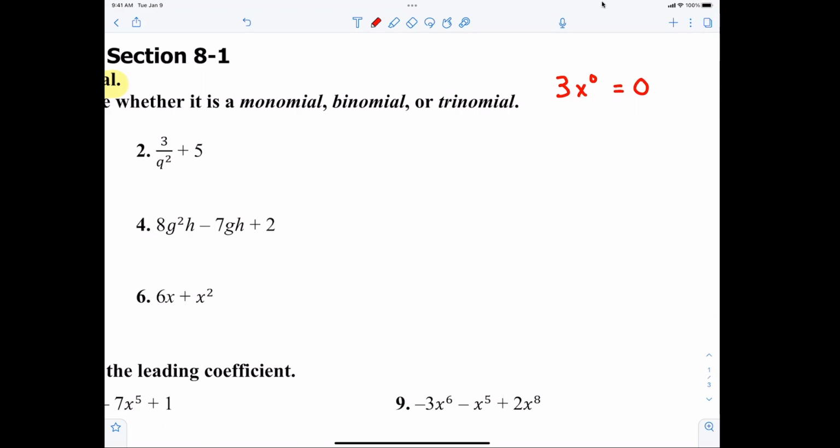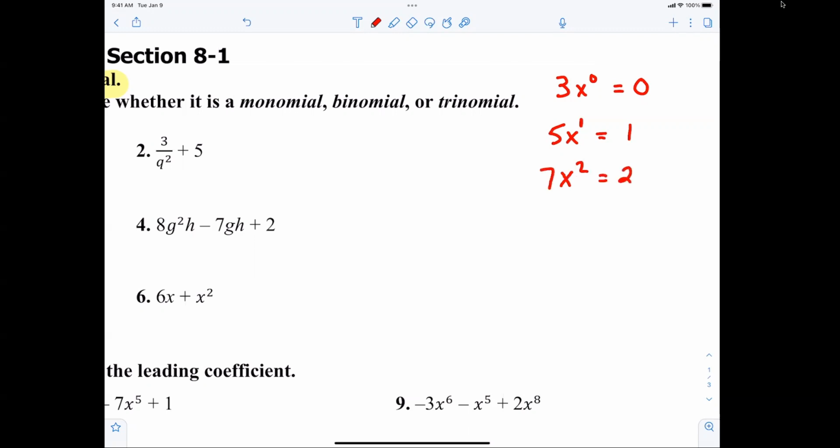If I said 5x, what's the degree of that? Well, x is to the first power, right? So the degree would be what? 1. If I said, for example, 7x squared, what would the degree be? 2.